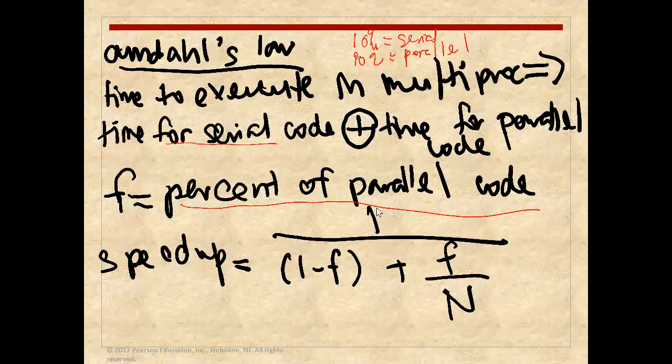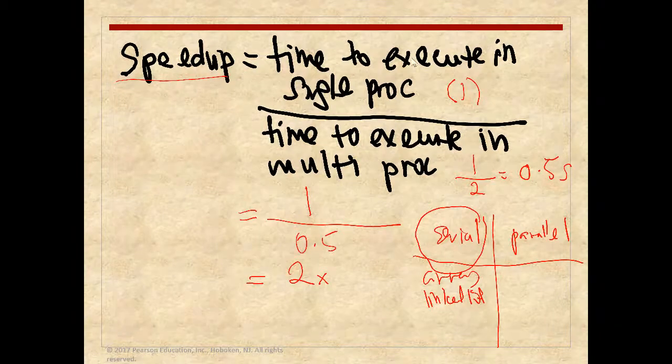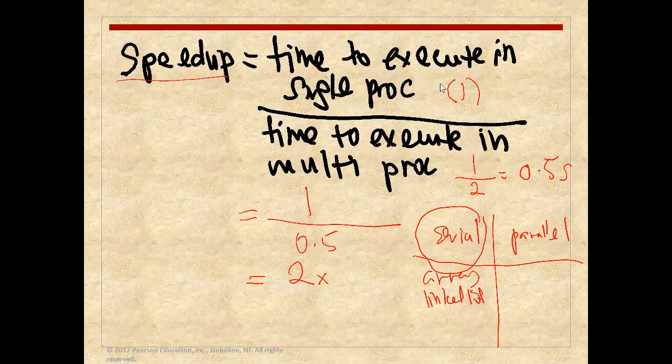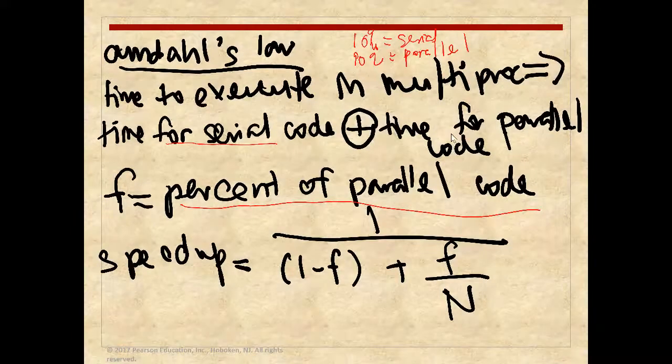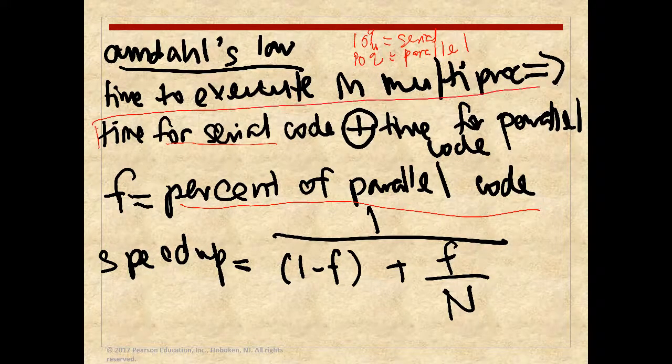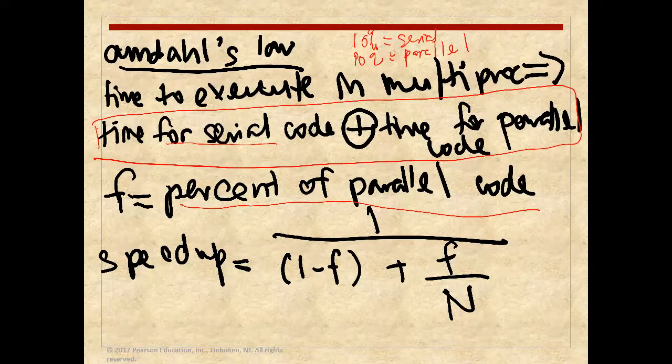The calculation is the same: time to execute the program on a single processor, which is 1 second, divided by the time to execute the program on multiple processors. But in calculating that time, we need to use this formula.